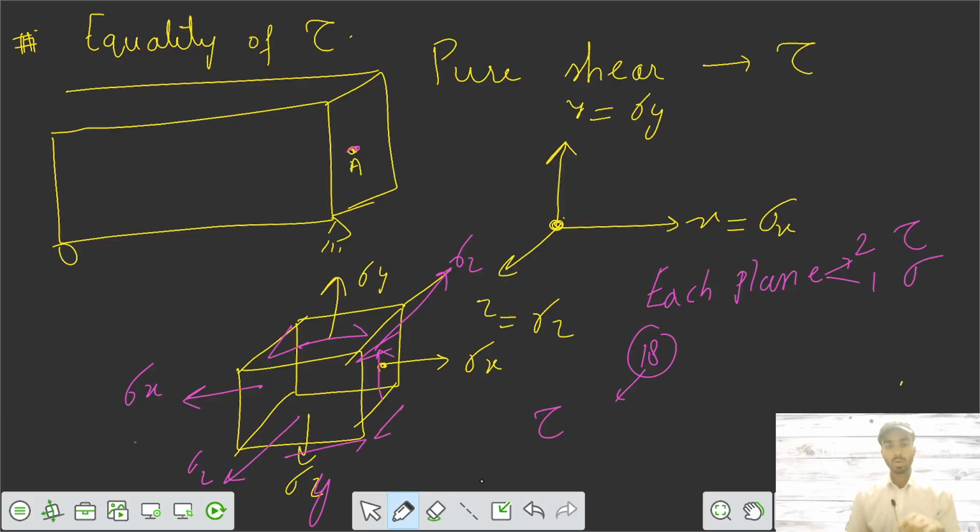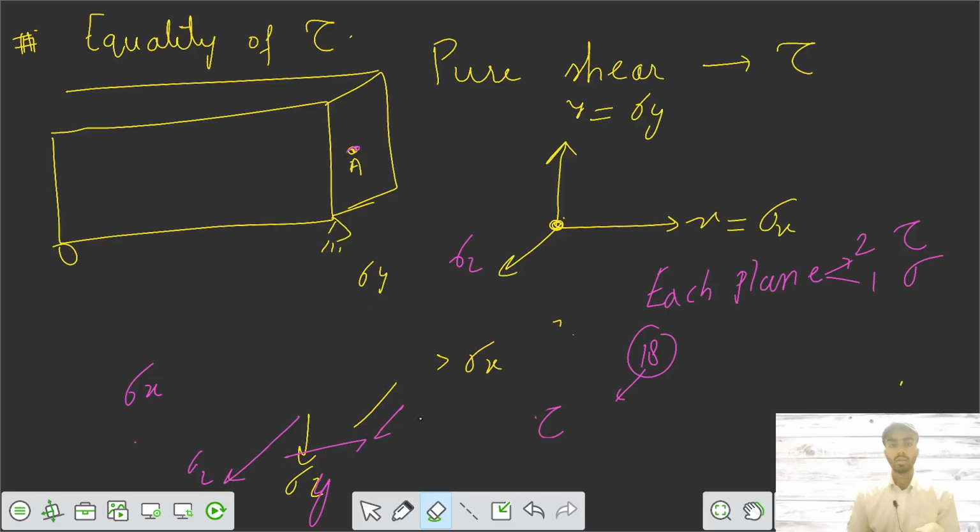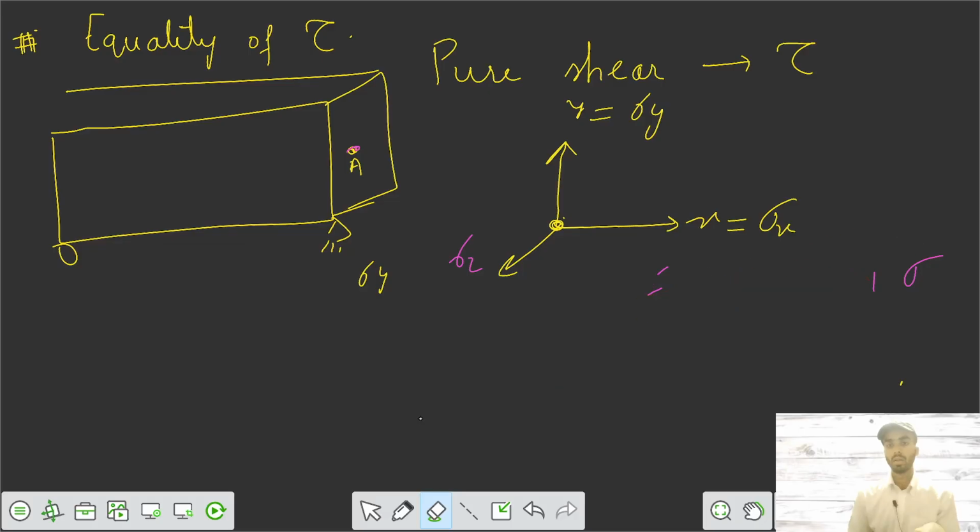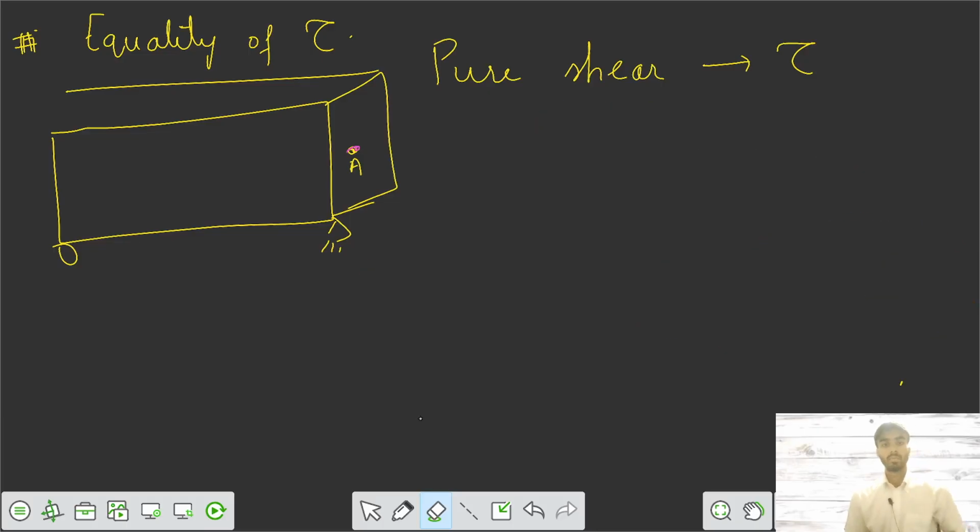Now coming back to this pure shear case, we have the main concept that we saw yesterday. We took out an element around that point A. We said this is your element.